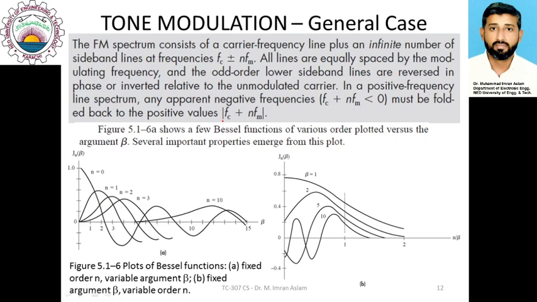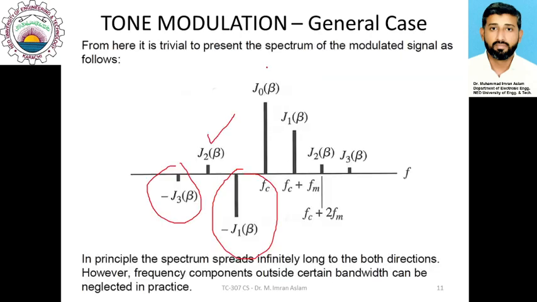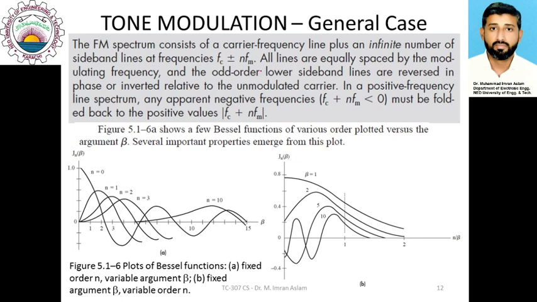At this stage you should notice some of the important characteristics of this Bessel function. There are some important properties that are also listed here. You can see that the relative amplitude of the carrier line, J0(beta), varies with the modulation index. The J0(beta), which is representing the carrier frequency, is not independent of the message signal.